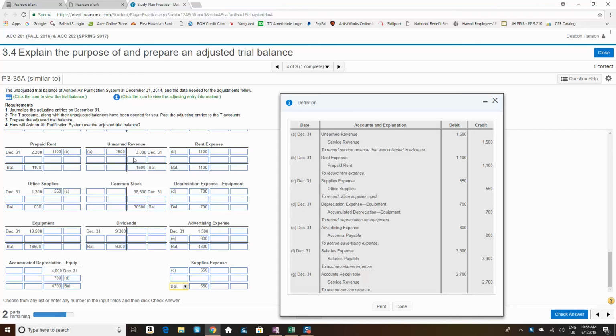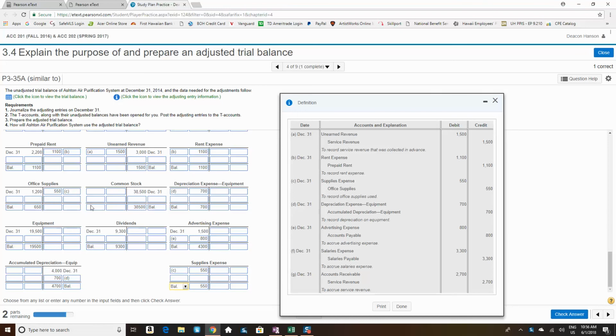Unearned revenue, entry A, a debit of 1,500. You're starting with 3,000, so the difference is a 1,500 balance. Rent expense, 1,100 from entry B. Balance, 1,100. Just pull it down. Let's see, office supplies.